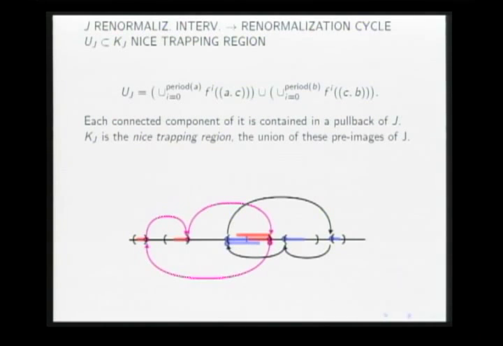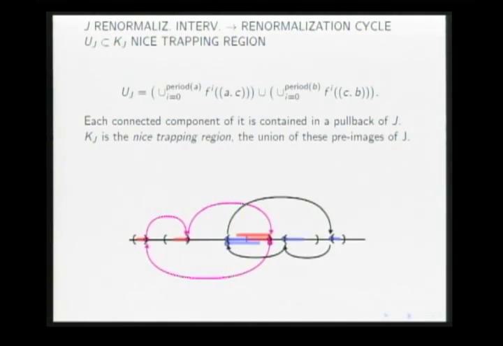And we define a renormalization cycle as being the images of these halves of the renormalization interval that eventually return inside it, like here and here. Okay, and we can extend these intervals of the cycle here to the maximum interval that will be mapped into the renormalization interval.